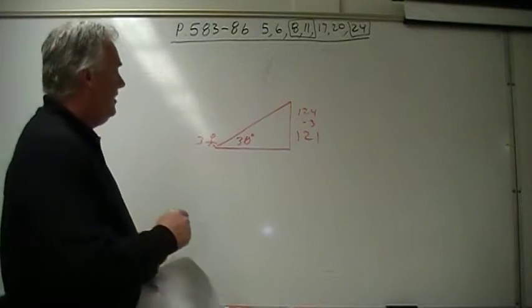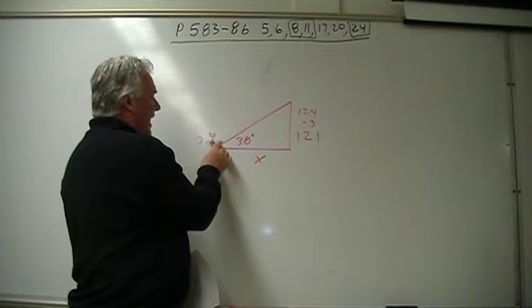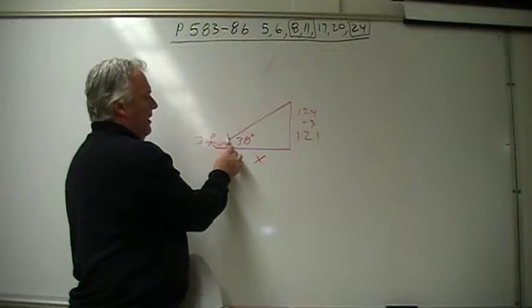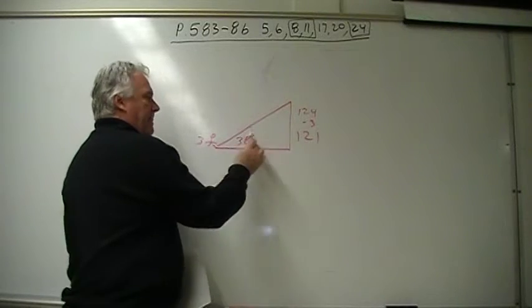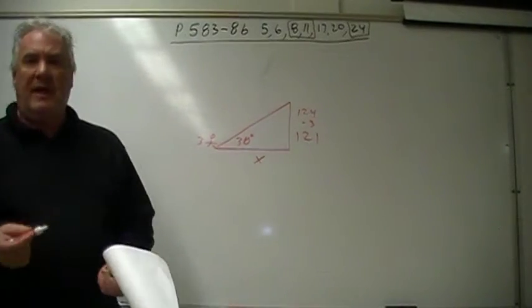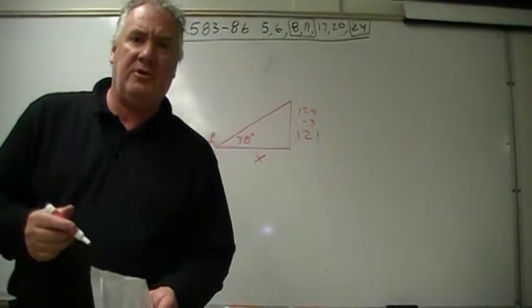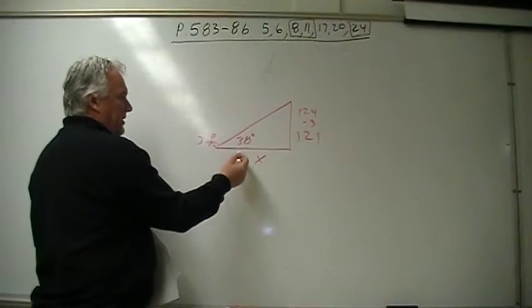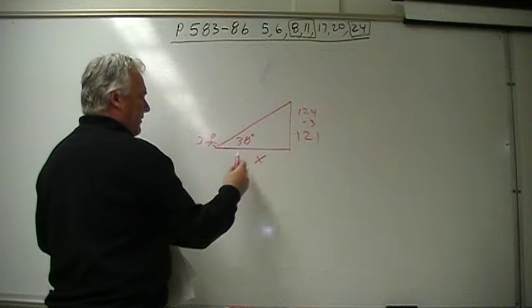And so the question is, what's this distance? How far away is the person taking the picture, the tripod, from the monument? This is one of those classic uses of trigonometry. So we know this, and we're trying to find this over this.